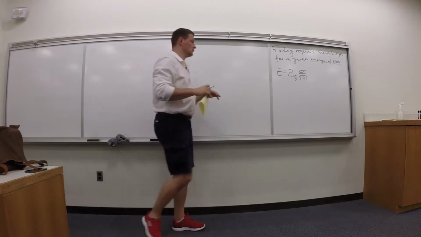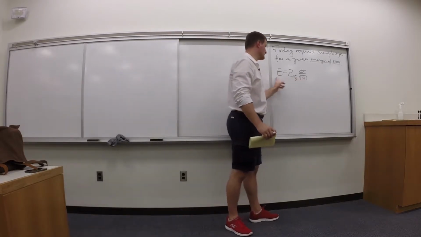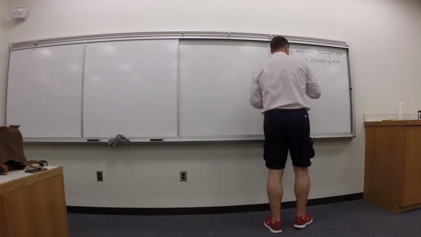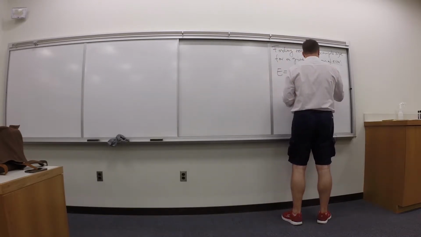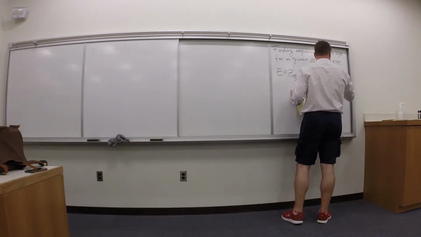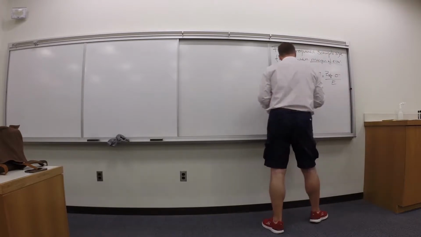If I multiply times square root of n, divide by E, and then square the whole thing, so step 1 will be, and then square.